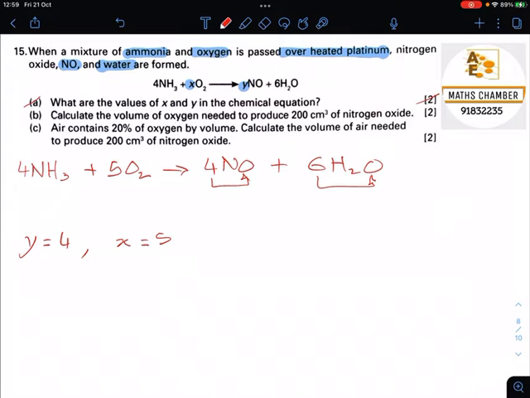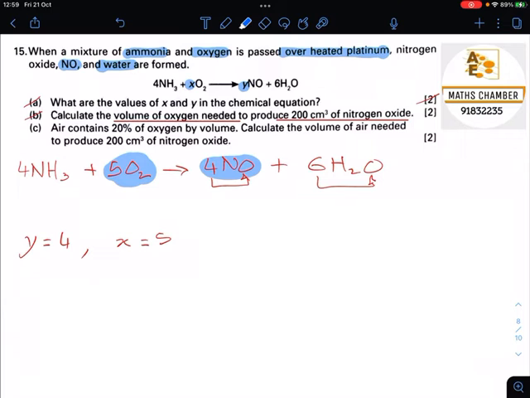Very generous, isn't it? Okay, part B: calculate the volume of oxygen needed to produce 200 cubic cm of nitrogen oxide. We are just focusing on oxygen and nitrogen oxide.